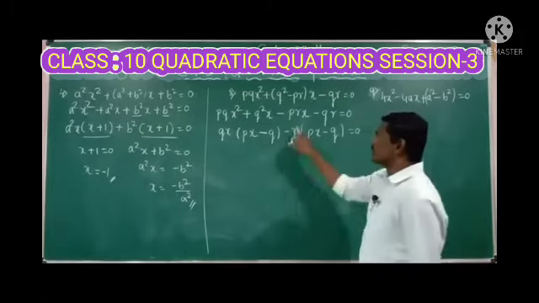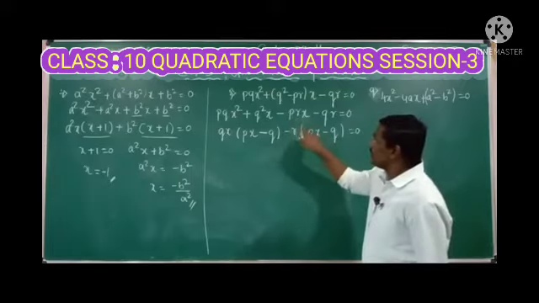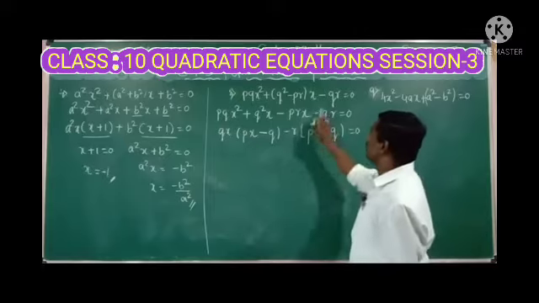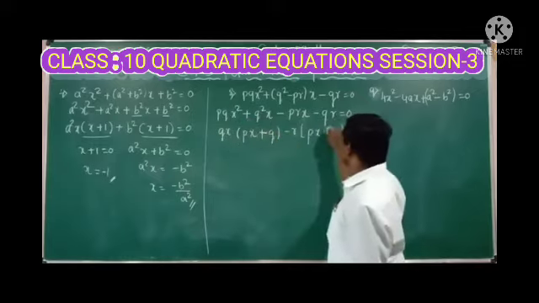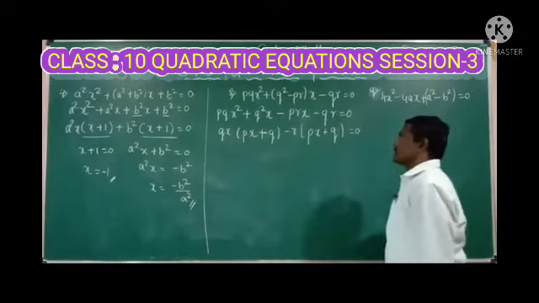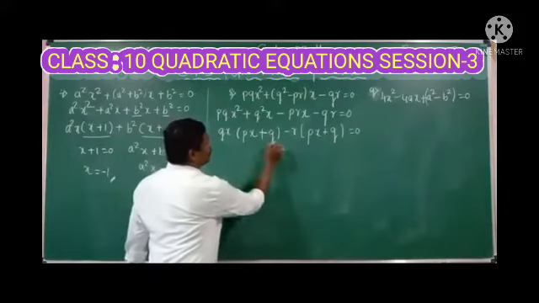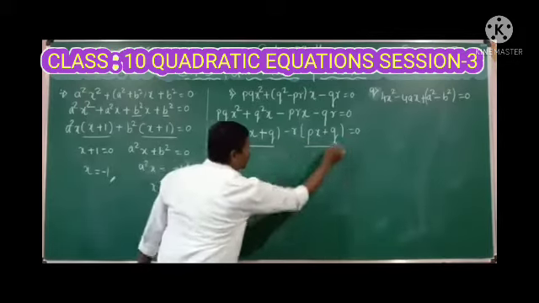Just multiply minus r into px, minus prx, minus into minus plus, sorry, here taking the in between sign is plus, so here also px plus q as a common term. So px plus q as the two common terms.